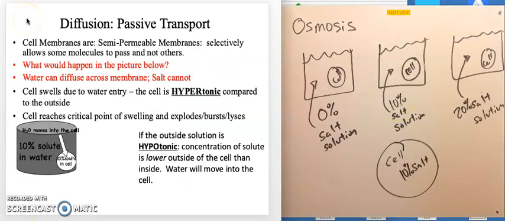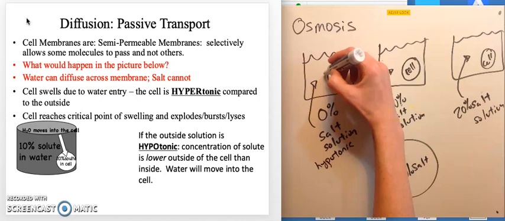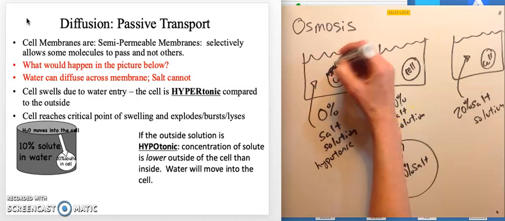There's only 3 possible questions that I could ask you guys about this type of situation. What happens when you put a cell in a solution that has a lower solute concentration, an equal solute concentration, or a higher solute concentration? So in this first case, the environment is hypotonic, which makes the cell hypertonic compared to its environment. Okay?